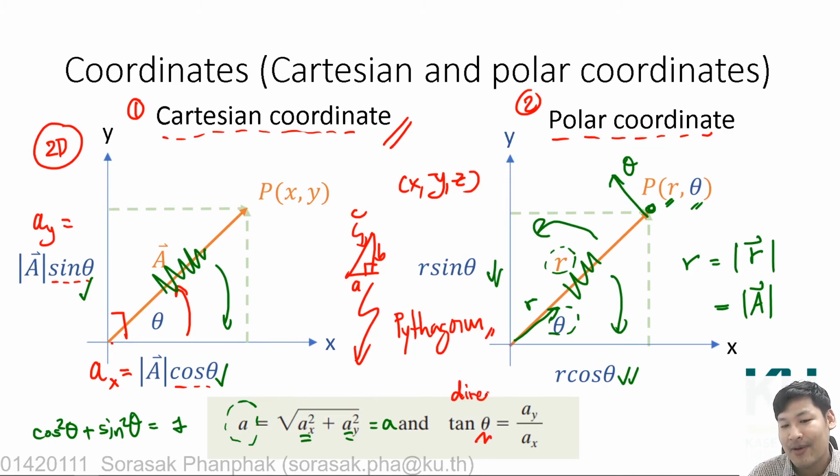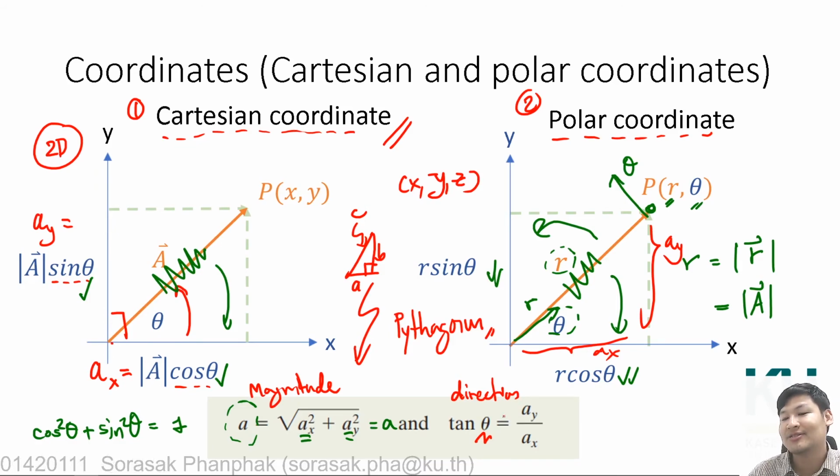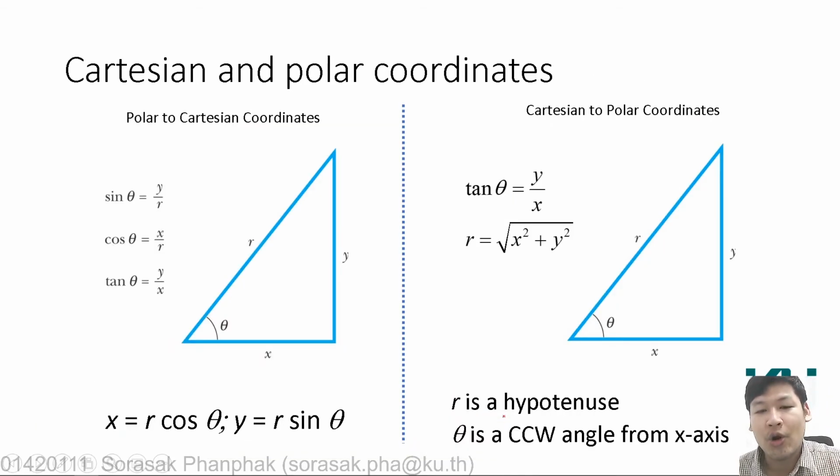This is the direction, and this is the magnitude. To represent the angle theta, tan theta is the height, which is ay here, over ax. So you have the ratio between ay and ax to find tan theta. So these are the coordinates and the representation.